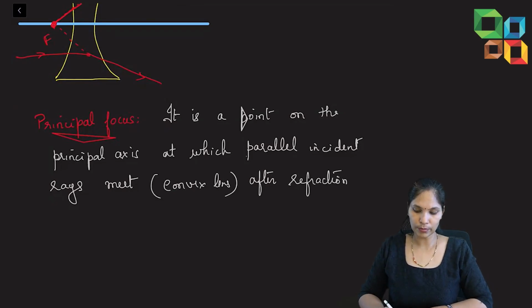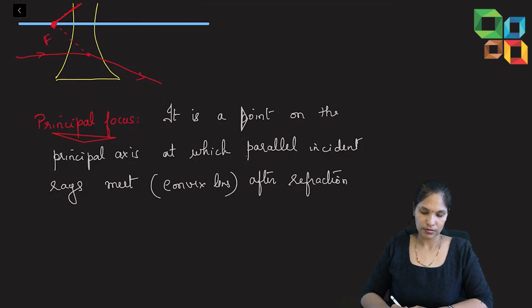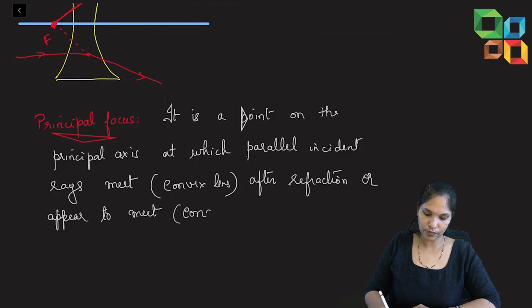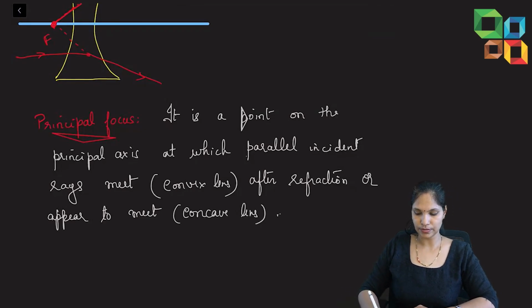It's a point on the principal axis where the parallel incident rays meet after refraction. That's for convex lens. Or appear to meet in the case of concave lens after refraction.